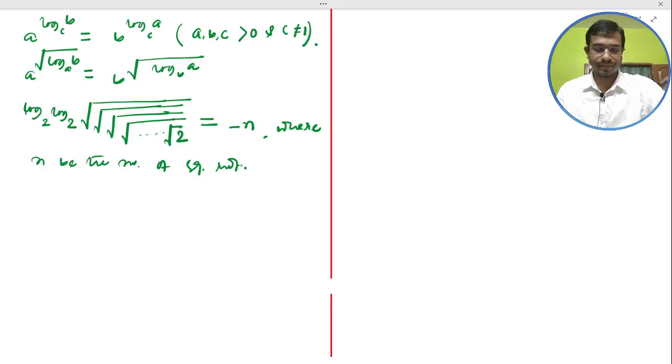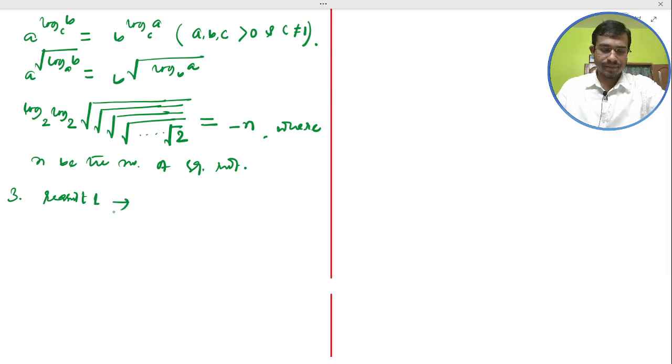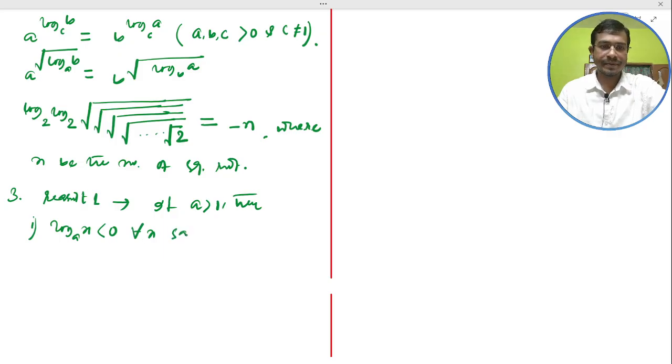Next, some very important results. Result 1: if a is greater than 1, then property 1: log x base a is less than 0 for all x satisfying 0 less than x less than 1.